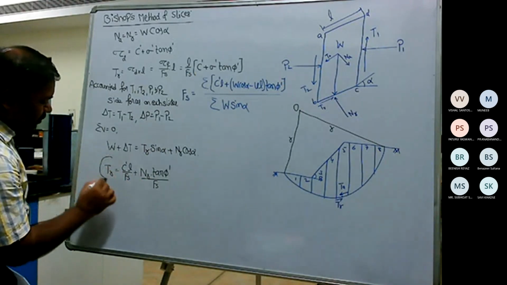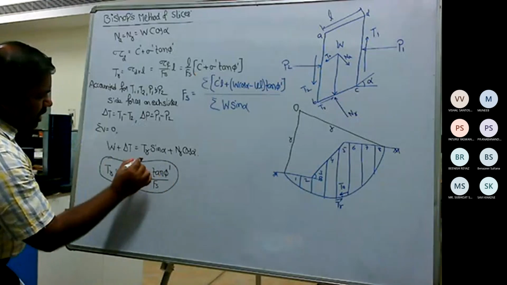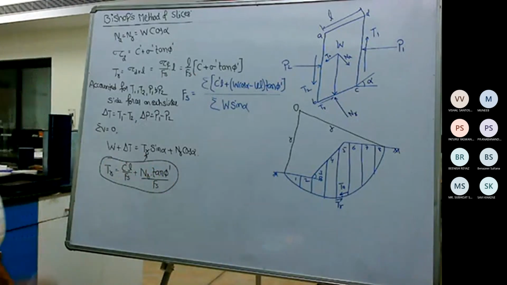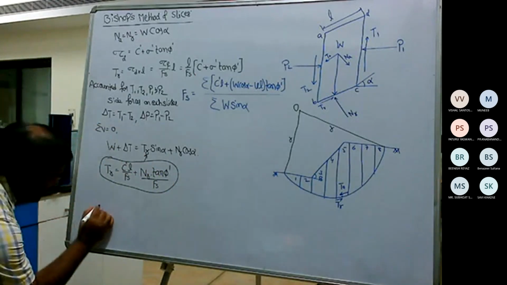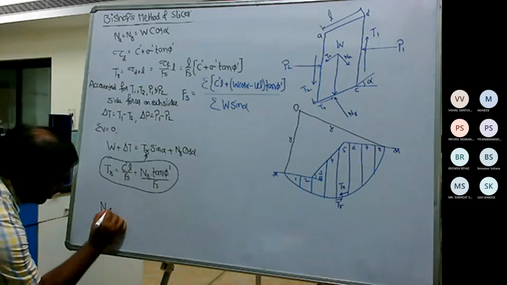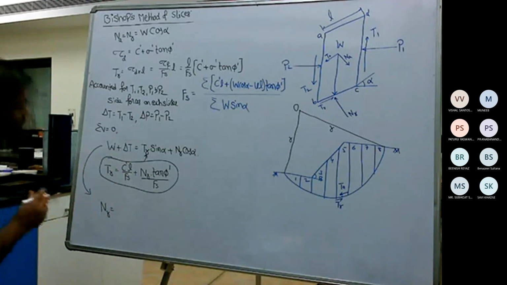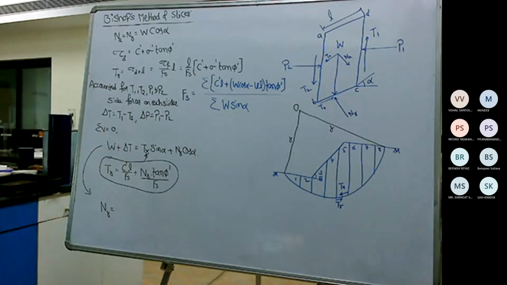So substitute this NR here and solve for NR. Simplify the same equation for NR.